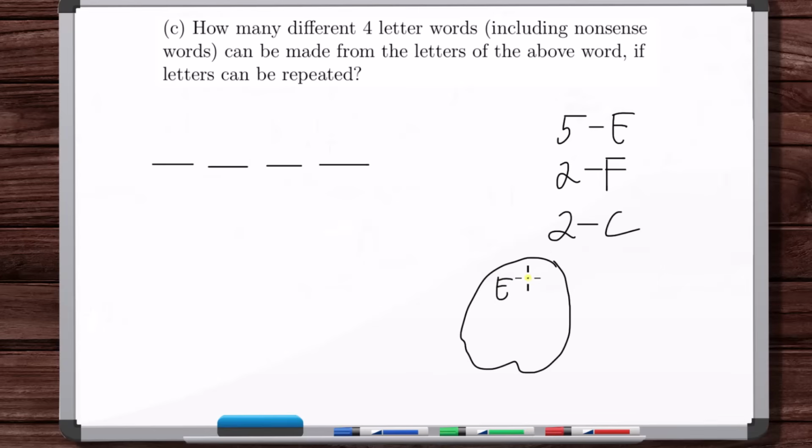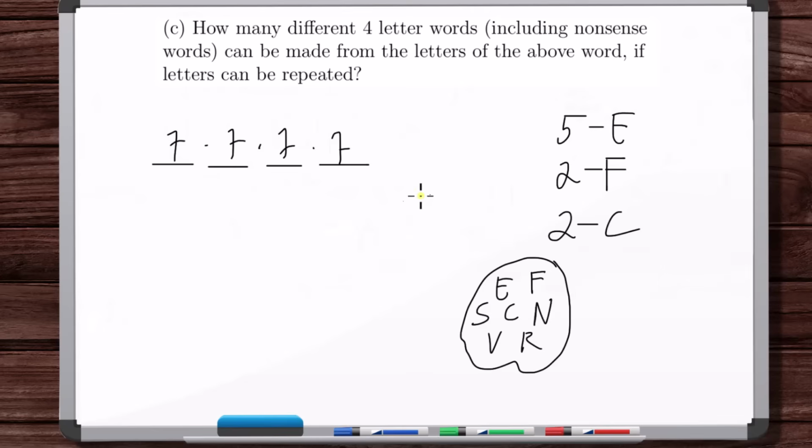You've got E, F, S, C, N, V, R. Okay, now we can't just treat this as a permutations with repetition problem, where we would say it would just be 7 times 7 times 7 times 7. If all these letters can be repeated, then that's what you do.